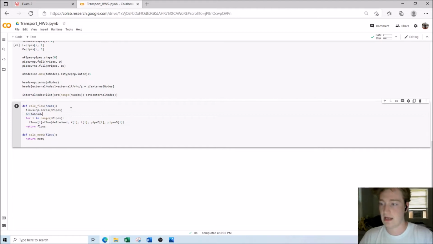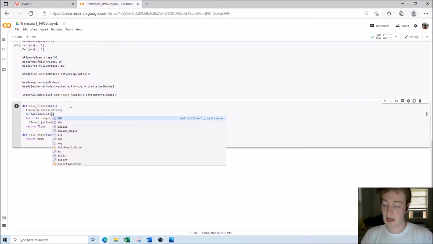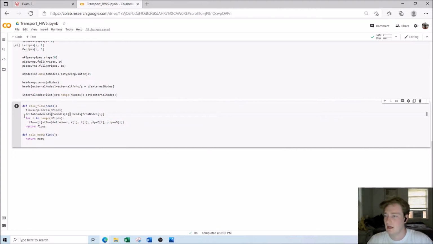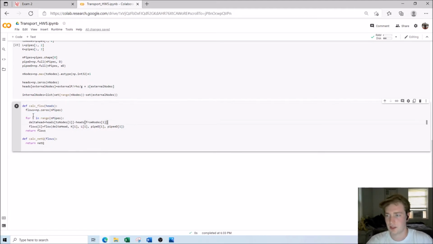So we will say that equals the heads from the two nodes at I minus the heads from the from nodes at I. And what that's basically saying is, I should probably put that inside the for loop, just like that.